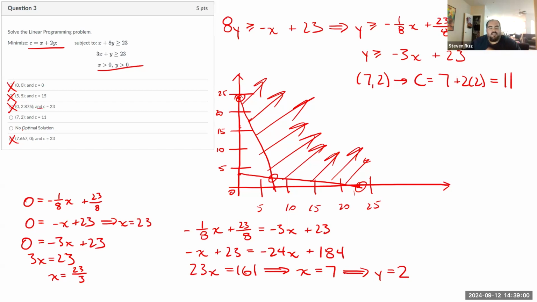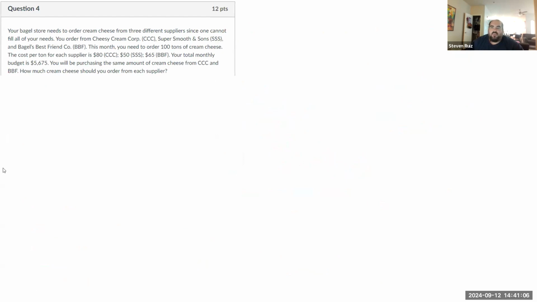What about no optimal solution? I think there has to be an optimal solution because at this corner point right here that I'm circling, that solution is 11. So basically we have two options. There's either a better solution than 11 or 11 is the best. So those are the 3 multiple choice questions.